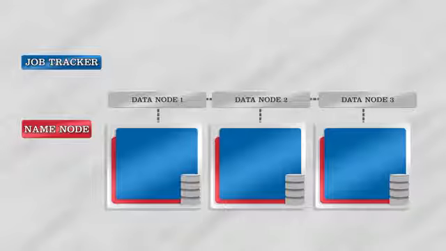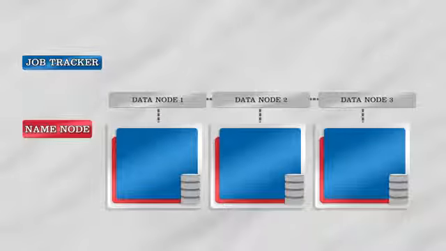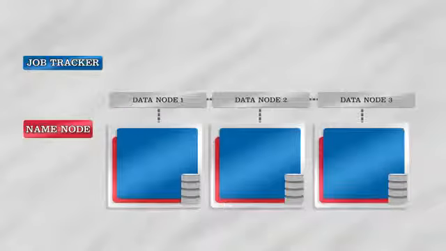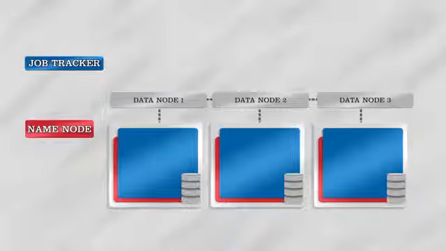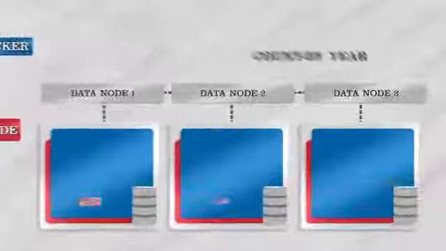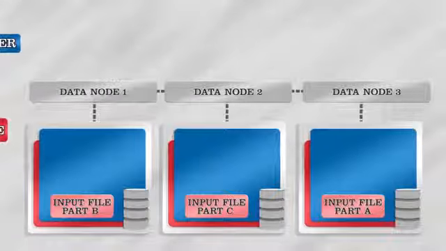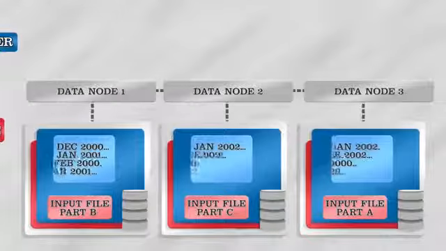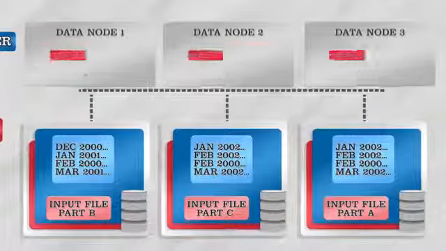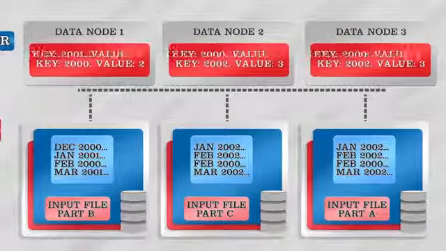Let's look at an example of how map reduce works. What we're going to do is take a little application called count dates that counts the number of times a date occurred spread across many different files. The first phase is called the map phase. Each processor that has an input file reads the input file in, counts the number of times those dates occurred, and then writes it as a set of key value pairs.